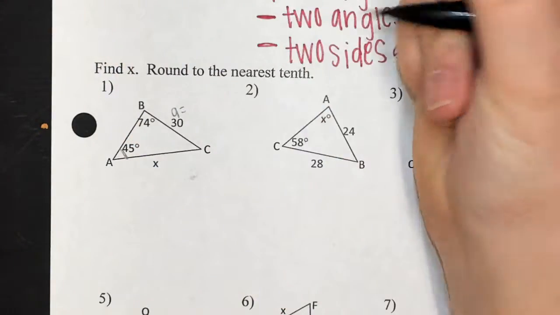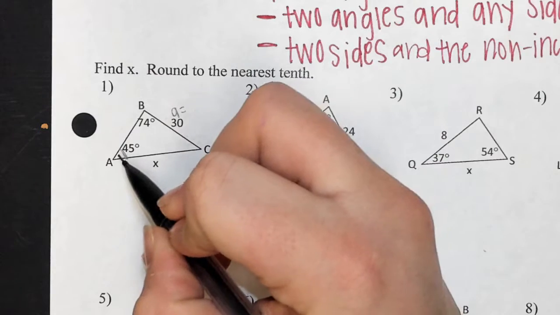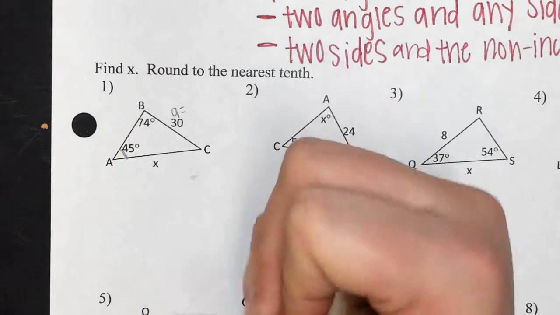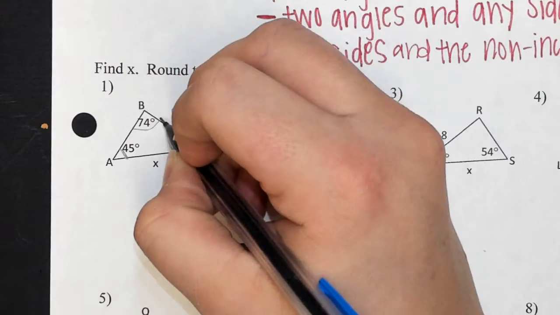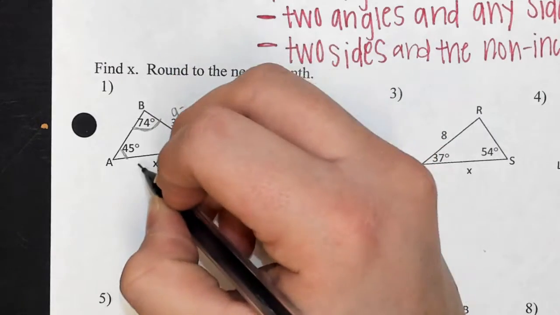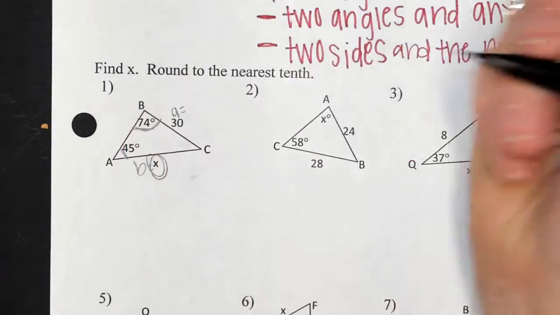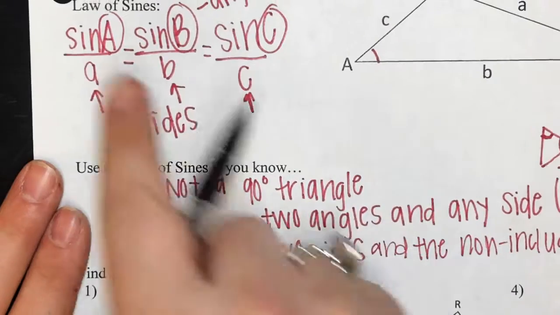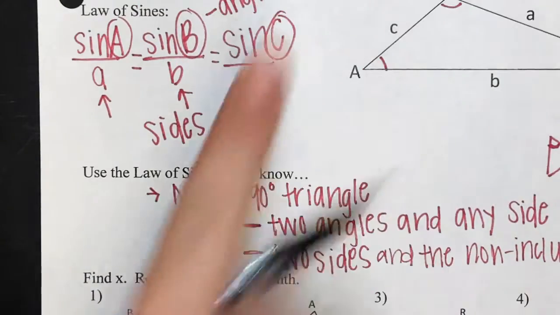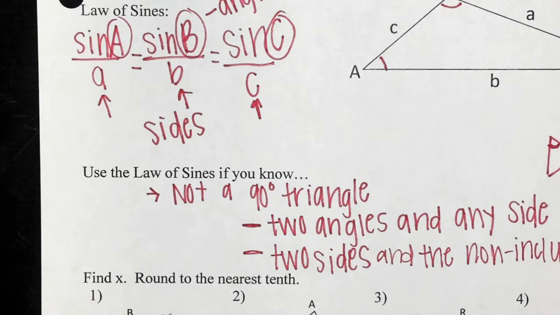Whatever's across from it. So if this is angle A, side A is across from it. If this is angle B, then this is side B, right? Which is what we're solving for. So I know there are 3 of these right here. There are 3 parts to our formula, but we're only going to use 2 at a time.